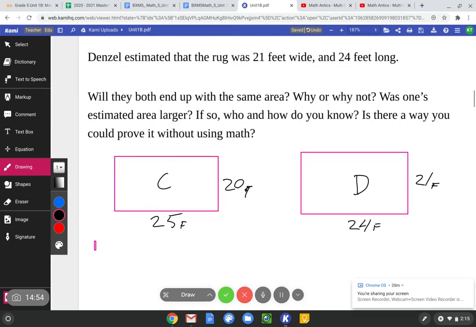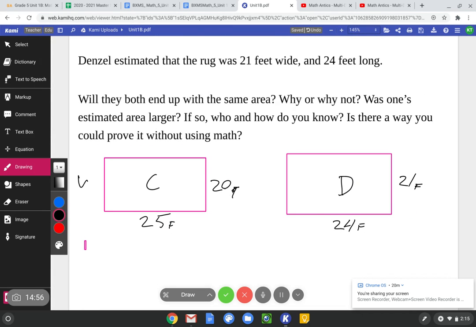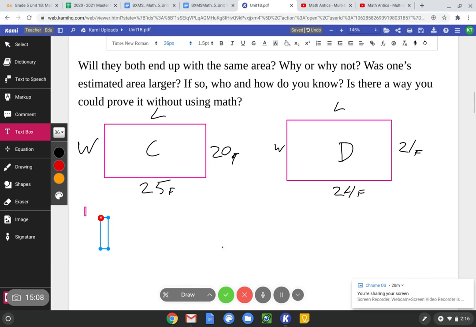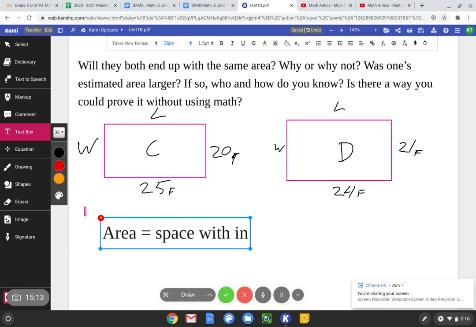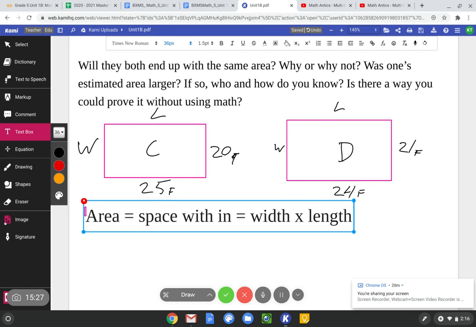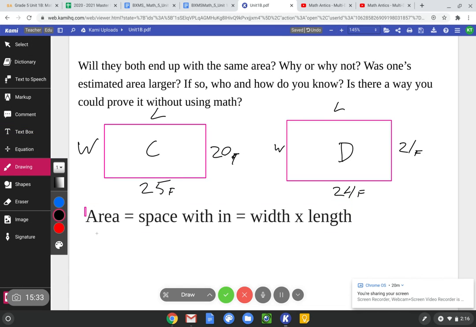But how do you find area? Well, this is the width and this is the length. So to find area, you multiply the width and the length. So we are going to multiply these two factors, width and length, to find the product, the area.